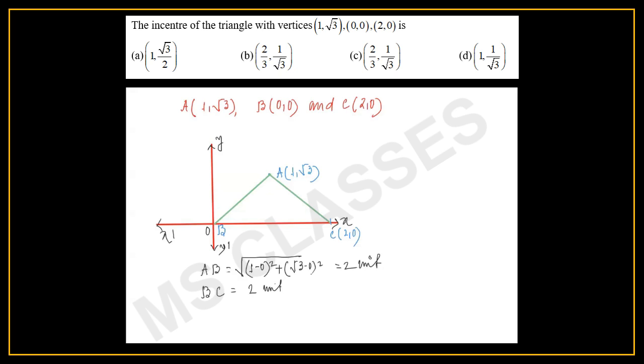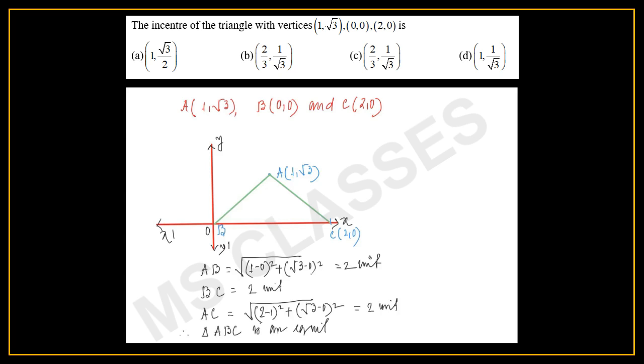And lastly, AC: we get (2 - 1)^2 + (root 3 - 0)^2, so that is 2 units. Therefore, triangle ABC is an equilateral triangle.